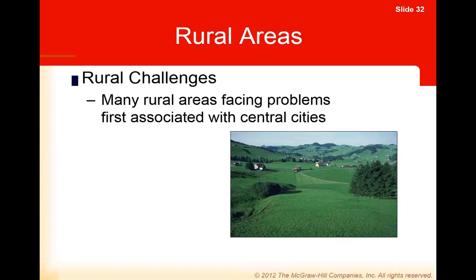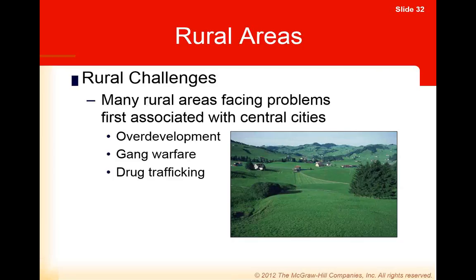Methamphetamine has become a huge social problem in rural areas. It's springing up in rural communities all across the country. But when we think about rural areas facing problems first associated with central cities: overdevelopment, loss of land, stuff like that. Gangs have invaded the rural landscape.